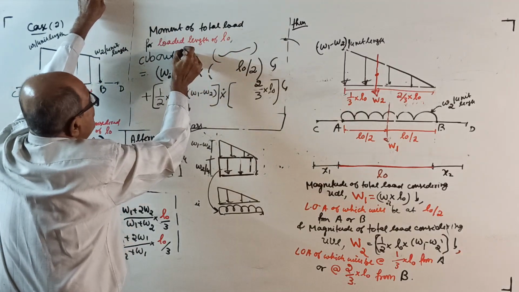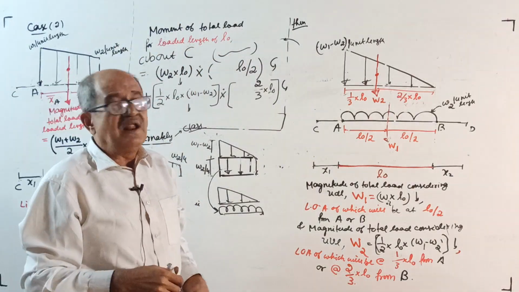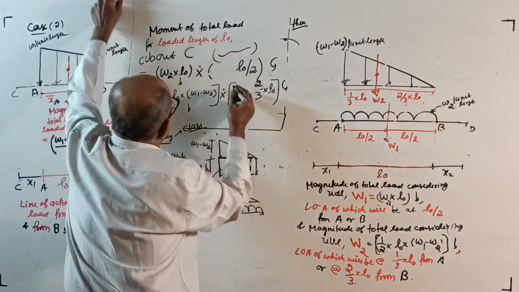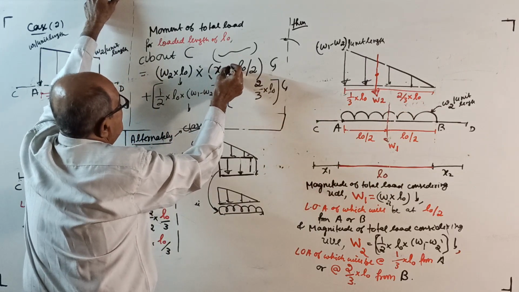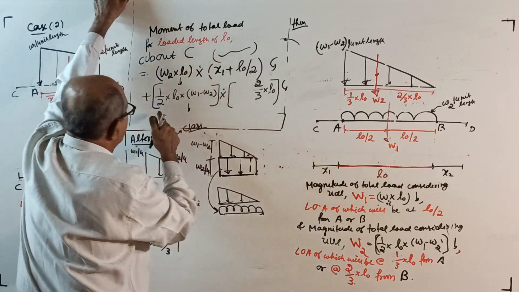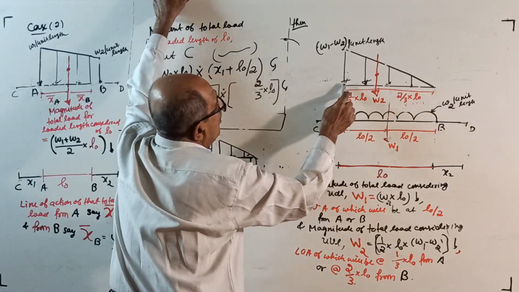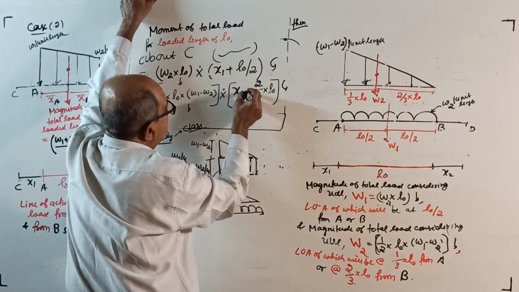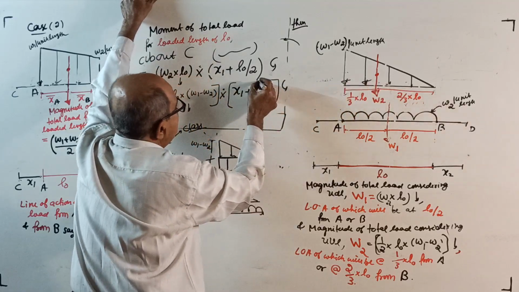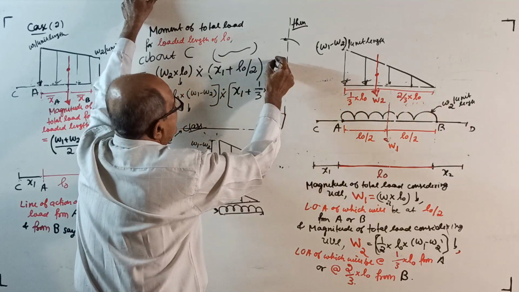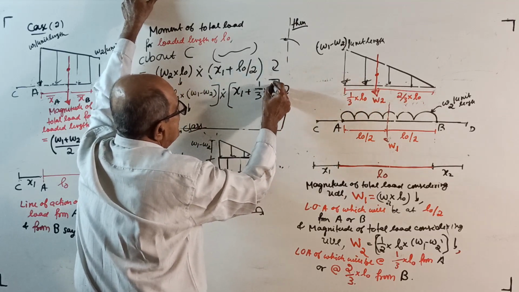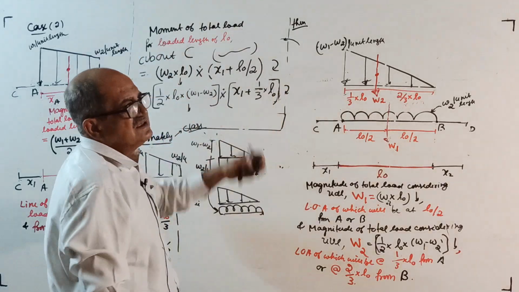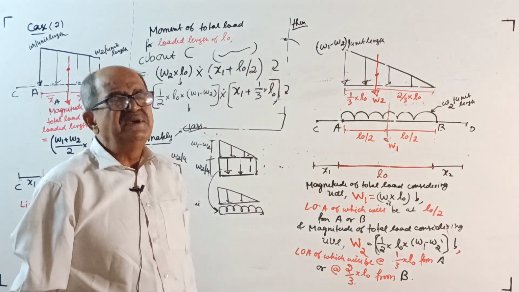Now, moment about C. This load into this distance is x1 plus L naught by 2, plus half into L naught into W1 minus W2 into x1 plus 1 by 3 of L naught. Both are clockwise. You see how much effort I am putting in. This small thing is not a technical mistake, just forgetting, right?